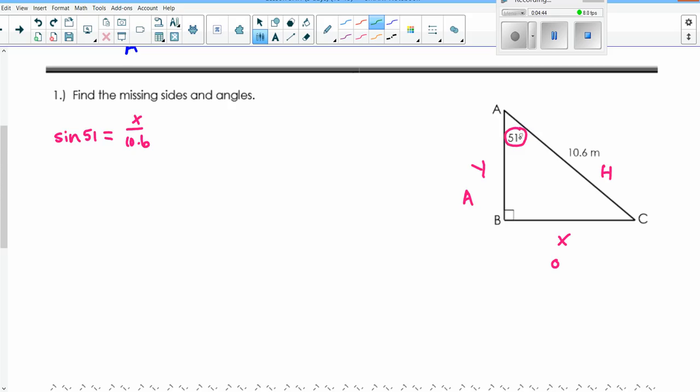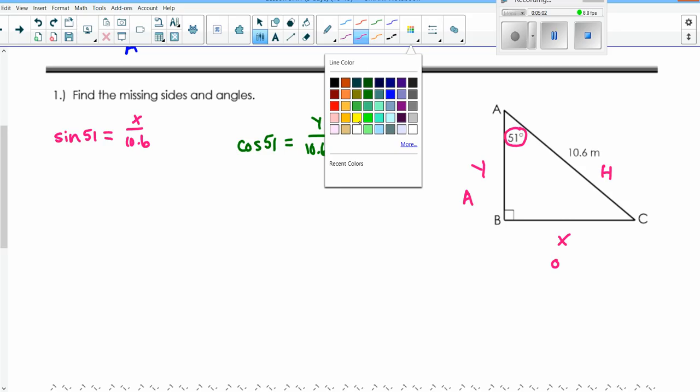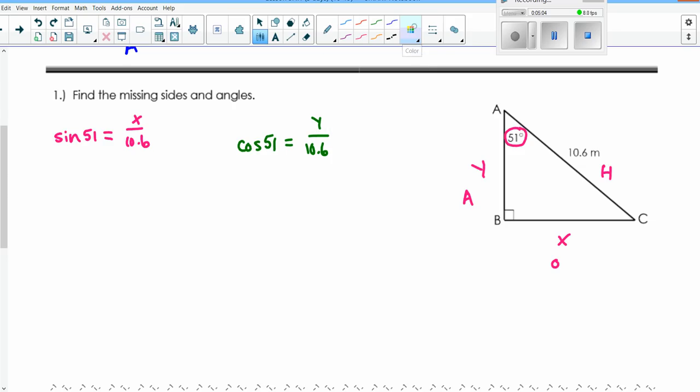So if I'm at 51 degrees, and this is my adjacent and my hypotenuse, I can use cosine. So I can say the cosine of 51 degrees equals my adjacent side over my hypotenuse. Okay, you can think about this like we did in the last unit.